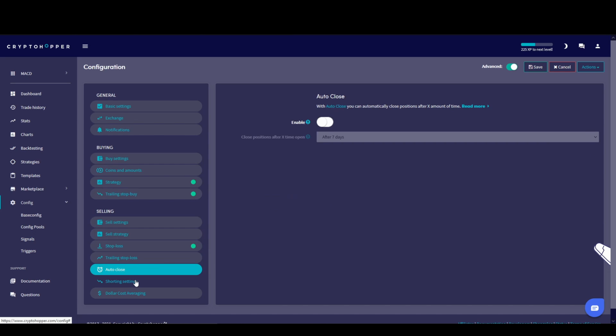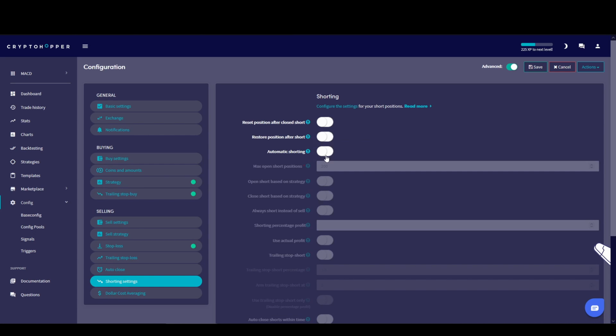Auto close, disabled. Shorting, this too. And by the way, that's another question I get very, very often. Now that we are in a downtrend market, why don't we short the market? The problem is Cryptohopper does not have a real shorting feature. All it does is sell the coin that you already have. So let's say you own $100 of Bitcoin and you use this feature.